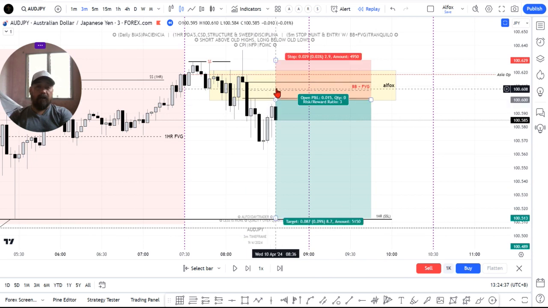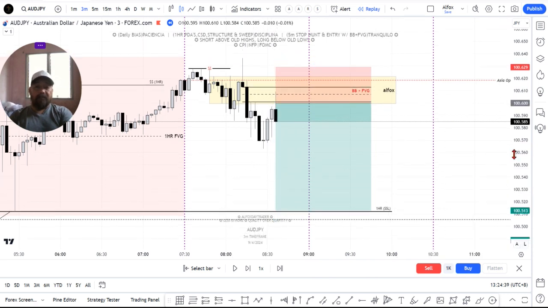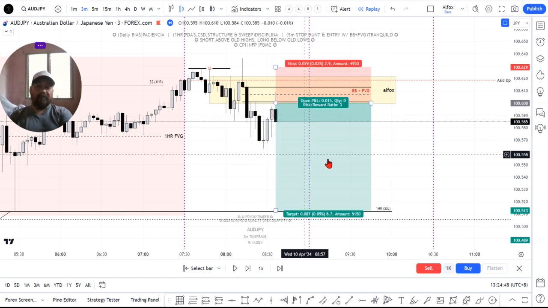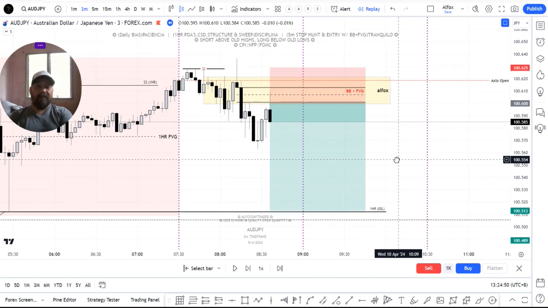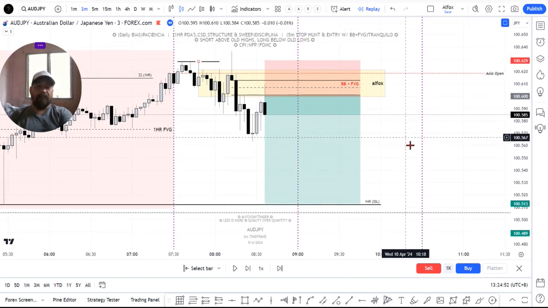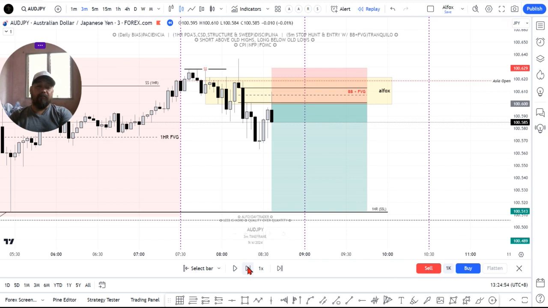Now we are tagged in. So if you entered here, then you are already negative here because you chased the price. So the lesson there is do not chase the price. Let price come to you. Don't be afraid if you're left out. There's more trade in the market.